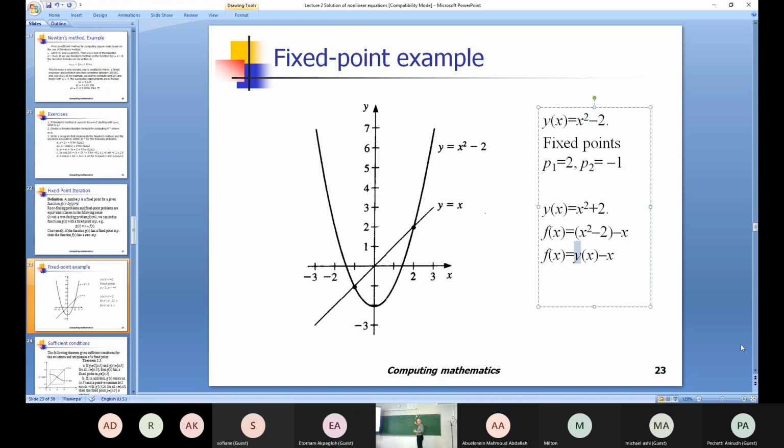Just plus x. You should take f of x plus x. If you consider some problem of a root finding, f of x equals 0, you can write f of x plus x, and you get the fixed point problem.